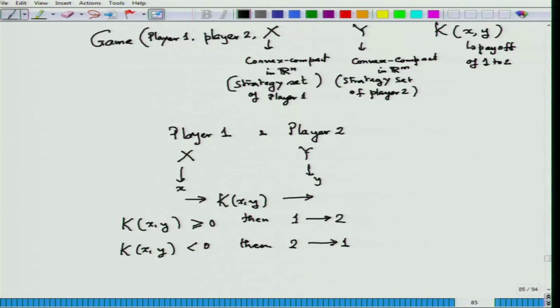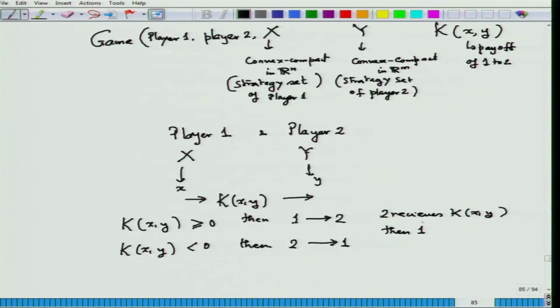Now, what happens is that if 2 receives kxy, then 1 loses kxy.